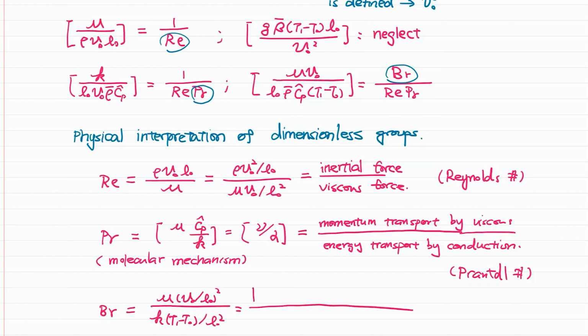It's the ratio of heat production by viscous dissipation over heat transported by conduction.